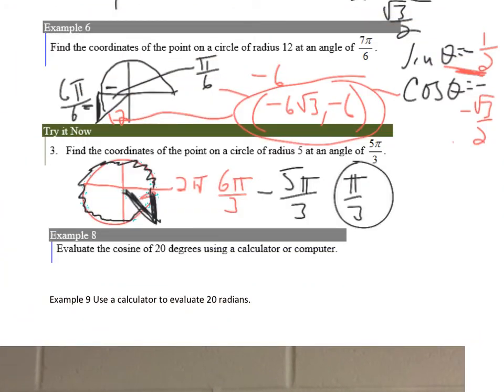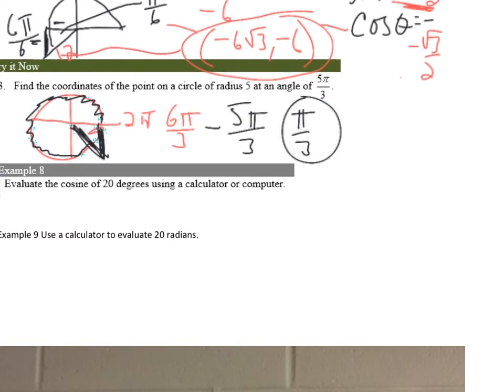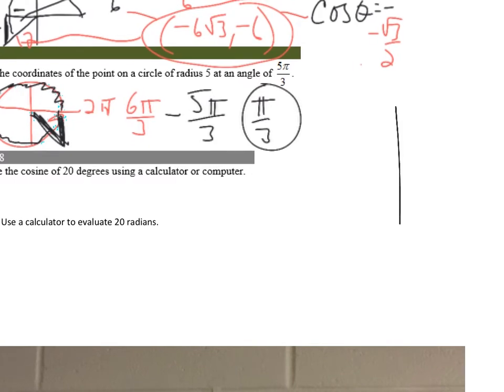And since I'm on a circle with a radius of 5 here, let's see, I'm down here. I know that this is pi over 3. I know that this is 5. The side, the x value we just said was 1/2.